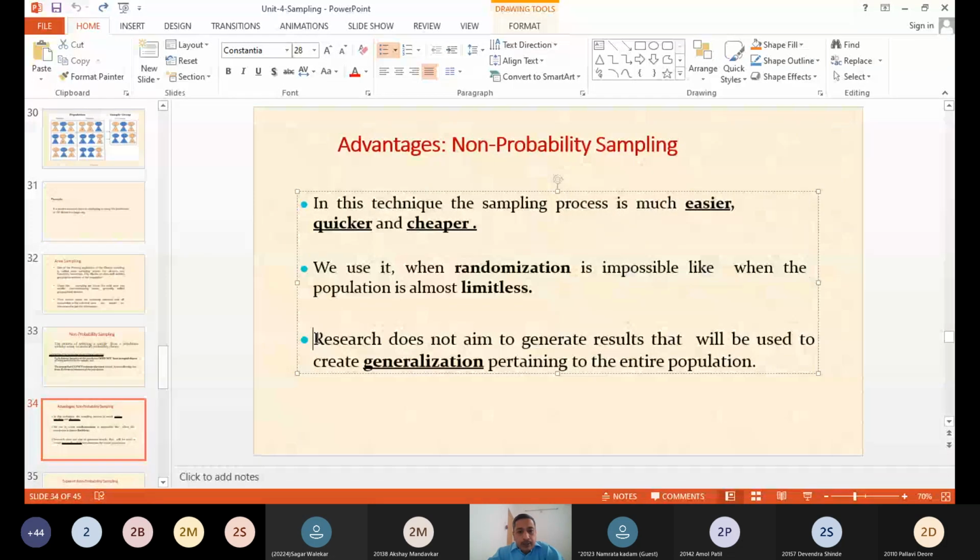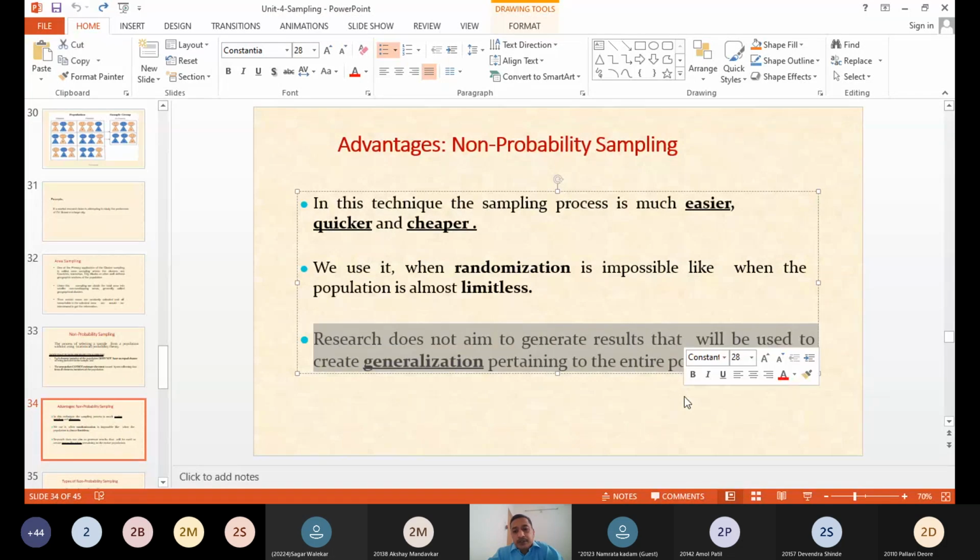And another aspect of non-probability sampling which we can see is that the researcher here does not aim to generate results that will be used to create generalization pertaining to the entire population.